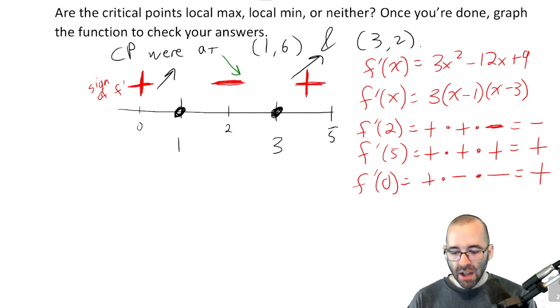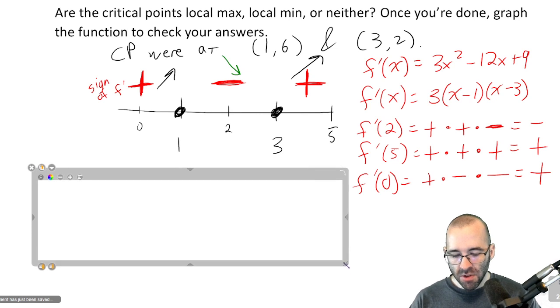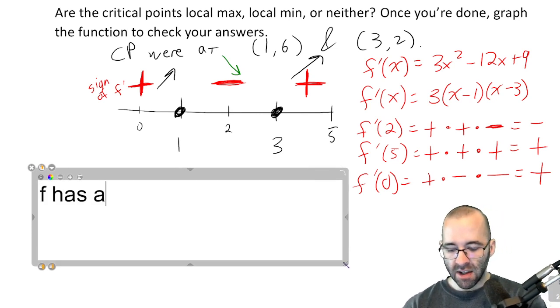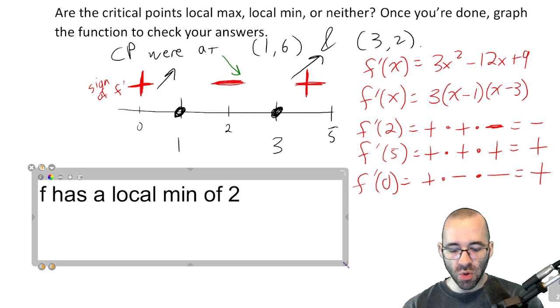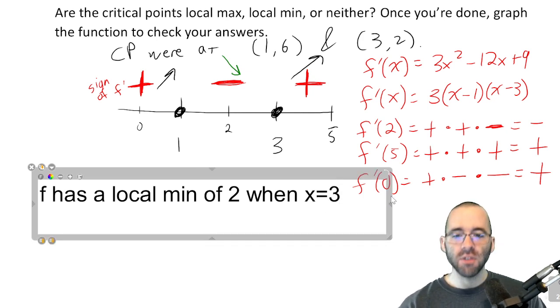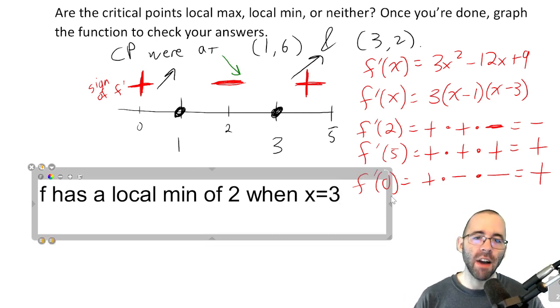Okay. And then I want to also show about wording, because the wording on these is kind of tricky sometimes. All right. So what we're going to say is that f has a local minimum of 2 when x equals 3. So the local minimum is the y value. Right?